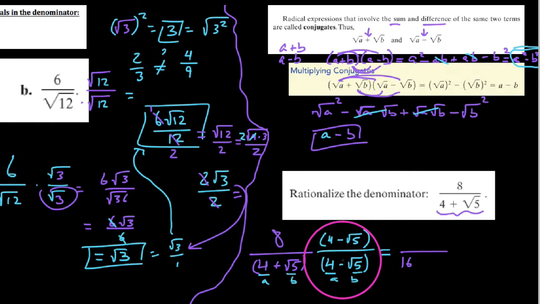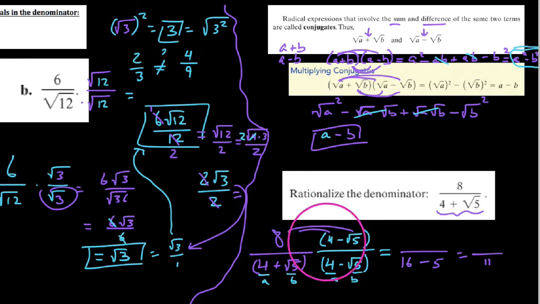I don't need to take 4 times the negative root 5 or the root 5 times a positive 4, because those are going to cancel out. So we get our a squared minus now our b squared, and our b is like the square root of 5. So the square root of 5 squared, what do you get? Well, you get 5, okay? So in this case, we get 16 minus 5, and already I can tell you we've eliminated the radical from the basement, the denominator.